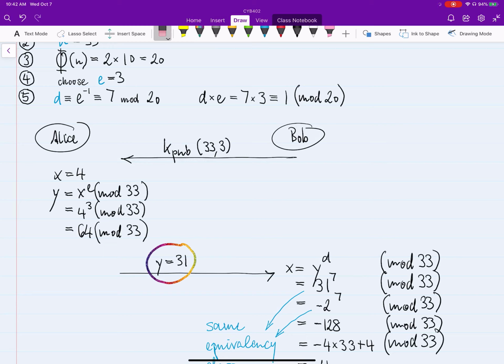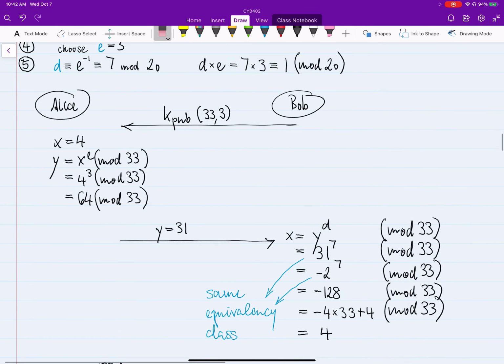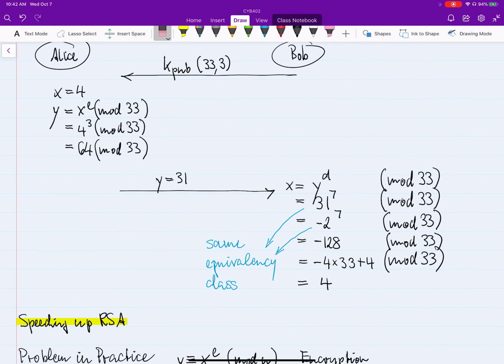On the receiving side, Bob is raising the ciphertext to the power of D modulo 33, which is indeed 4, as you can convince yourself.